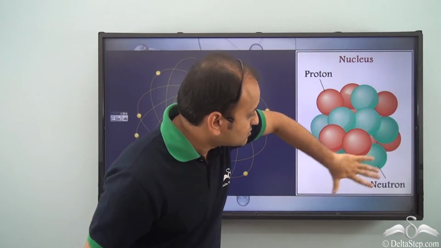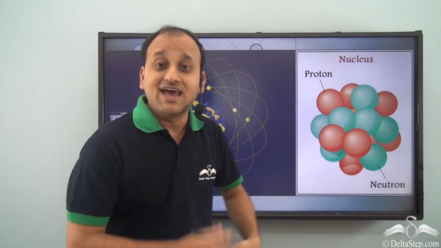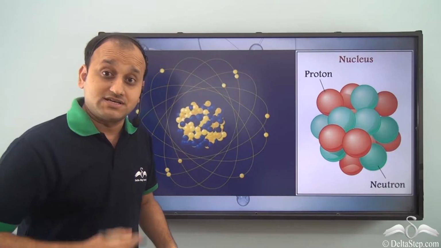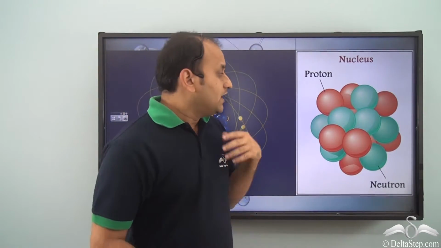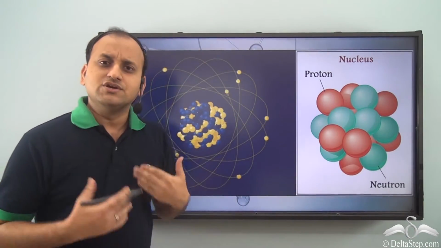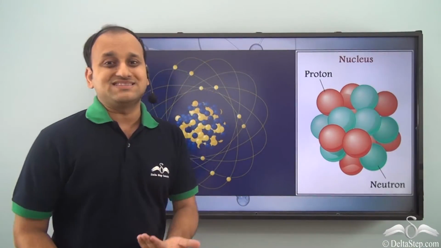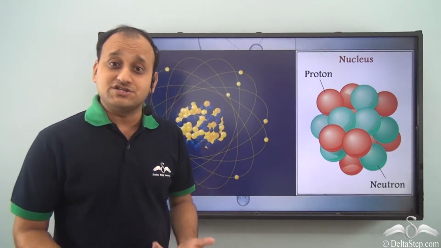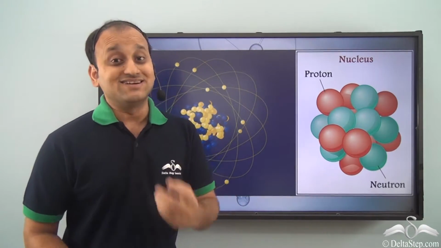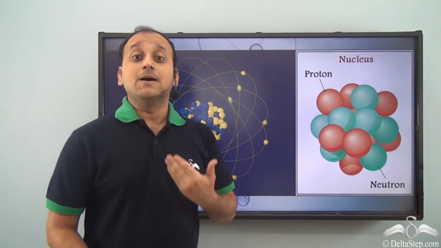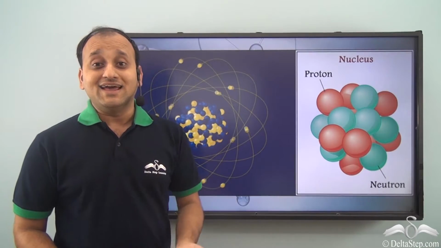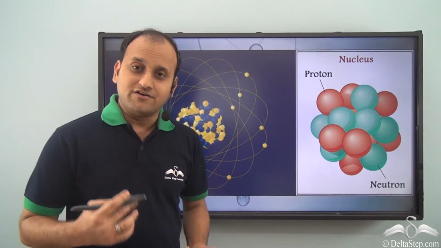Now, this nucleus usually is very stable, so you will usually not see any reactions or radiations from the nucleus. But in certain cases, the nucleus becomes unstable and then it starts emitting radiation.